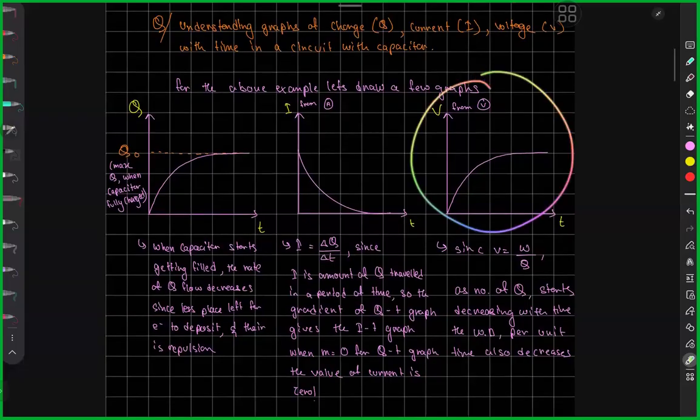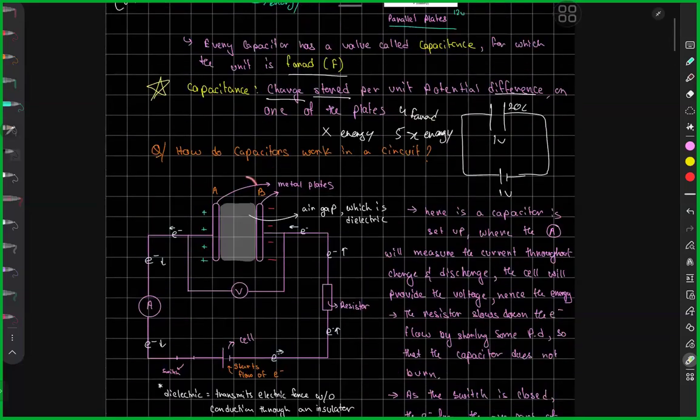Next, what do we have? The last one that I'll talk about is voltage versus time. Voltage versus time of what? The potential difference being created at the capacitor versus time. Fair? Now, initially, what happens? Initially, do you have a potential difference across the capacitor? No, right?